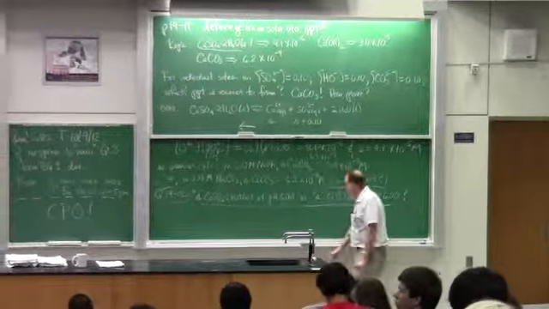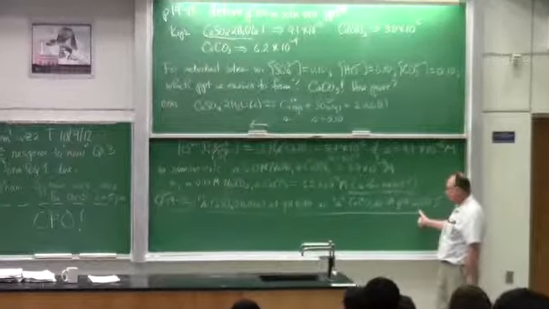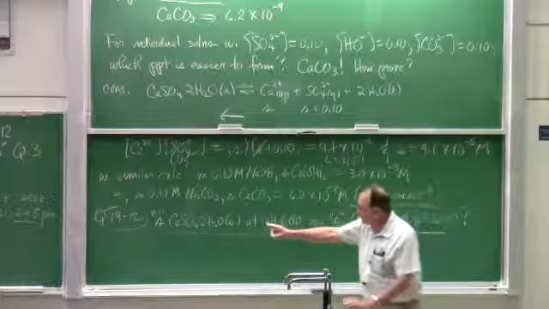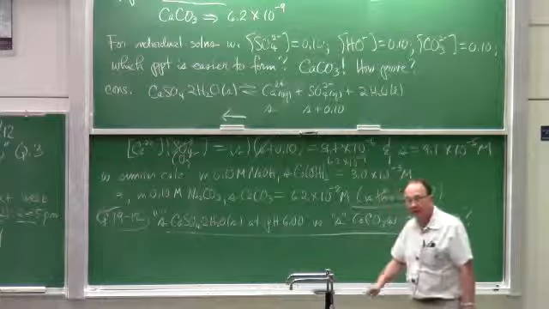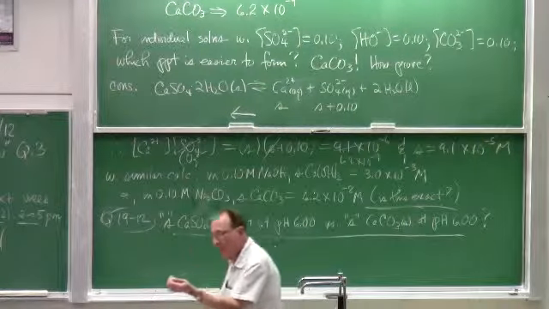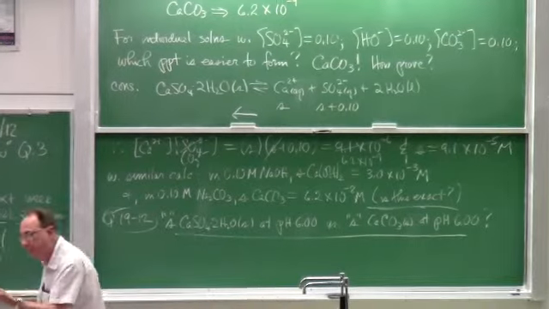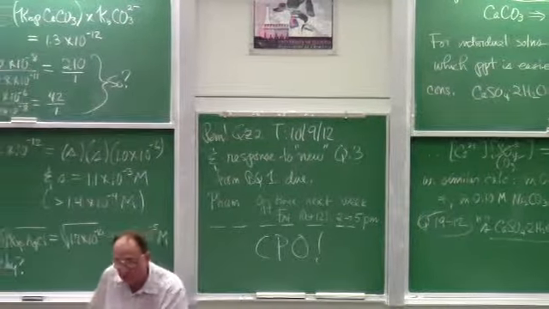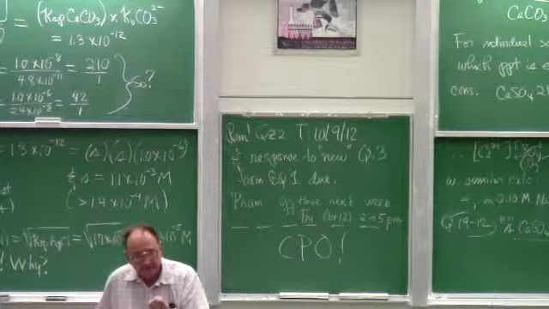In a water solution buffered at pH 6, can I more easily form calcium sulfate or calcium carbonate? Imagine you're in the laboratory. You have a soluble unknown. You don't know yet if it has calcium ion in it.